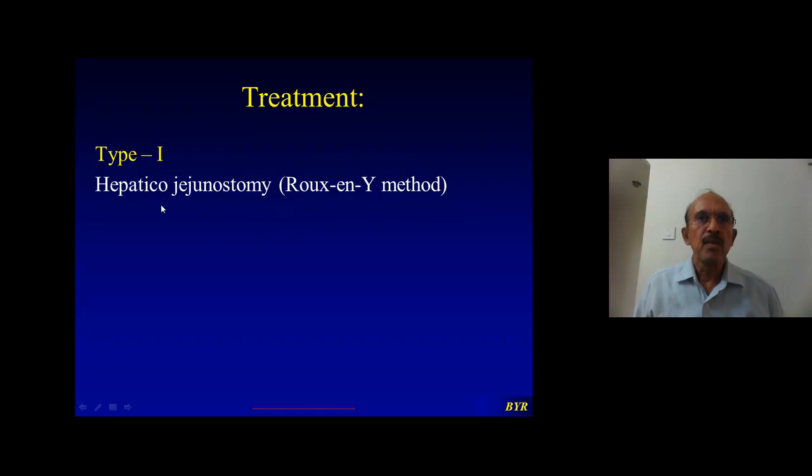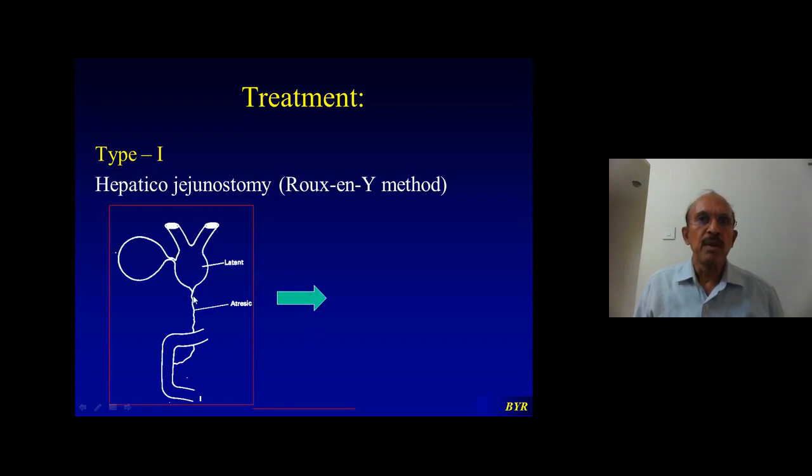This is for type 1 cases, where only the CBD has atresia and the common hepatic duct is normal. What we do is anastomose the dilated common hepatic duct with the jejunum. That is called the hepaticojejunostomy operation.